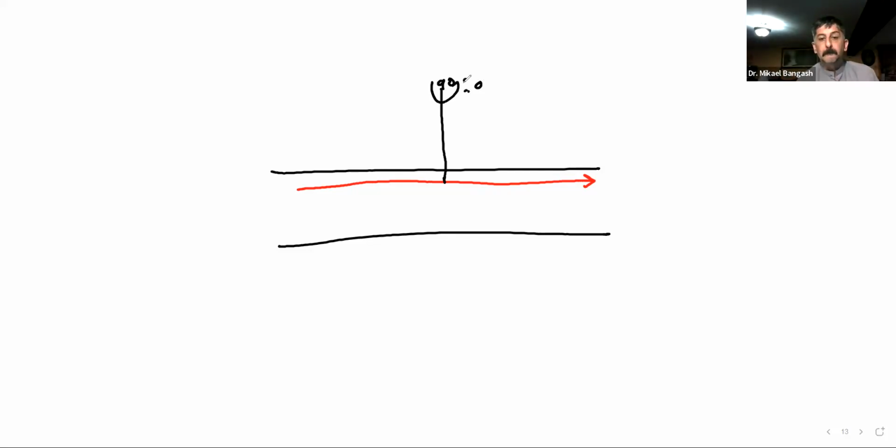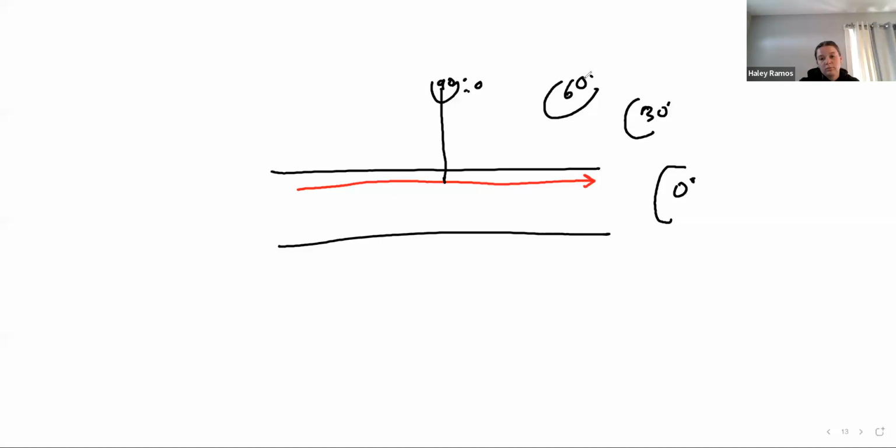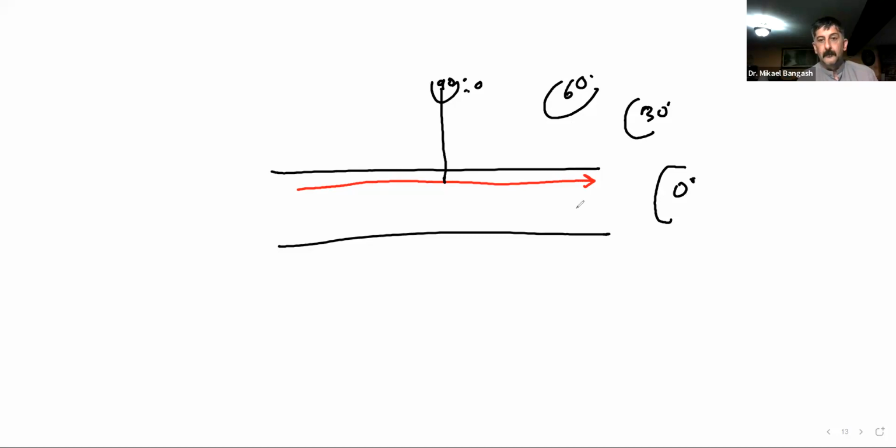Now, if our transducer were over here at a 0 degree angle, at a 30 degree angle, or let's say at a 60 degree angle, since we are over here, the blood flows towards the transducer, or towards the angle at which we are scanning, right?